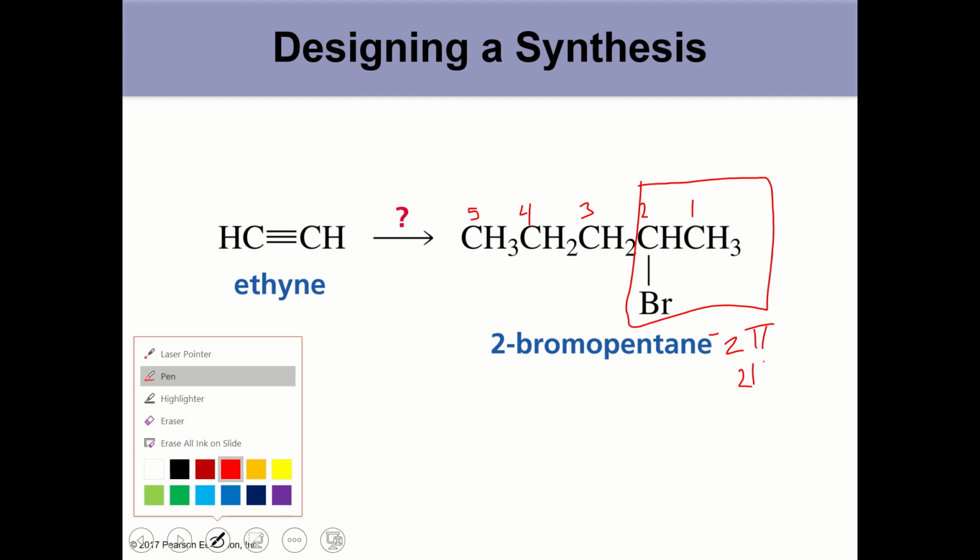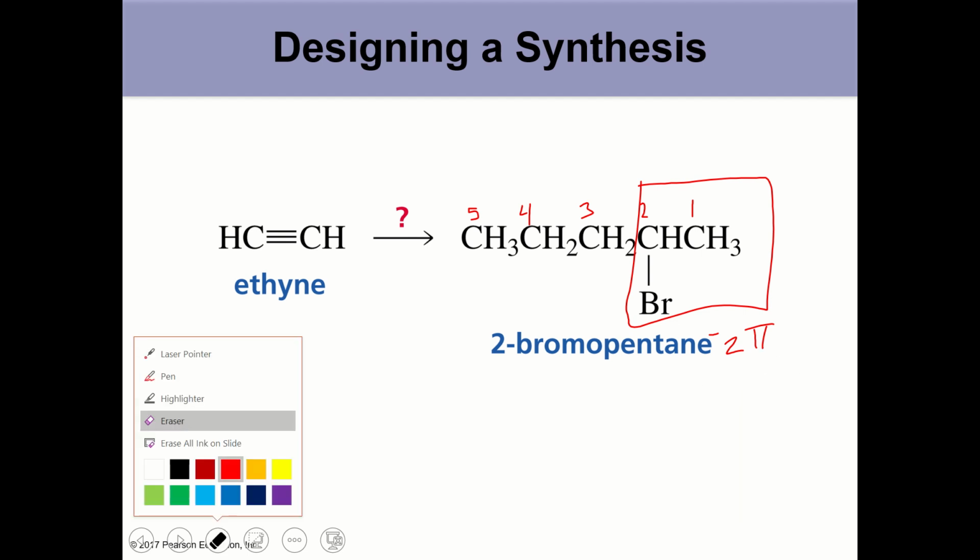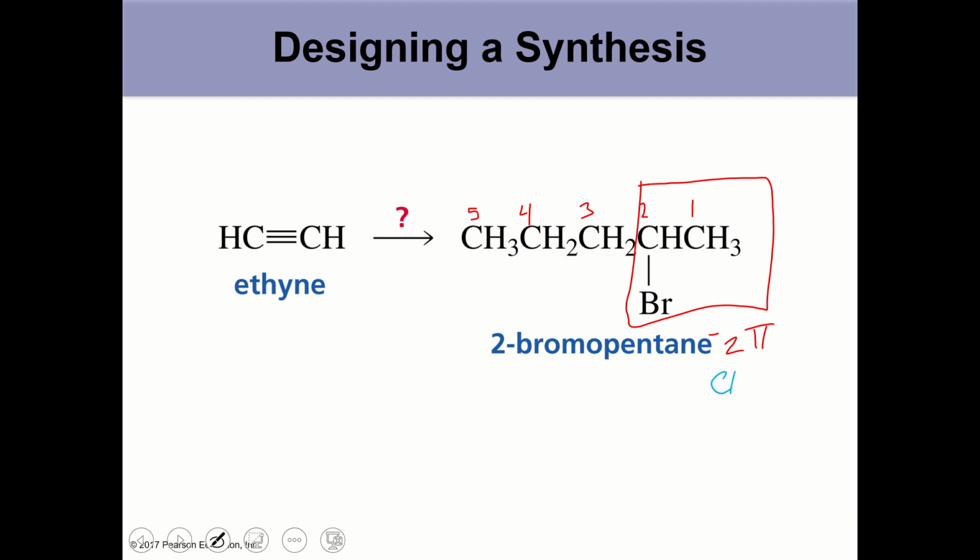Carbon 1, so C1 gains 2 bonds to hydrogen, and C2 gains 1 bond to hydrogen, 1 bond to bromine.